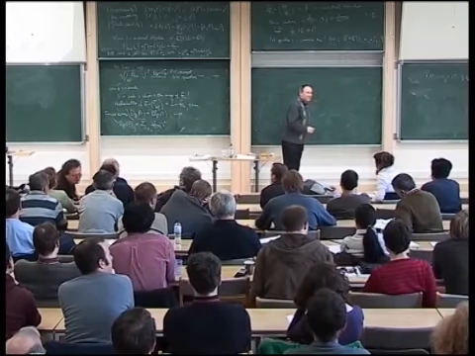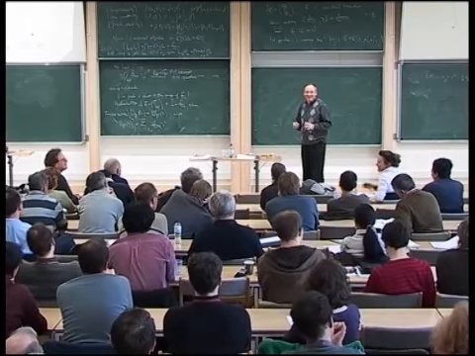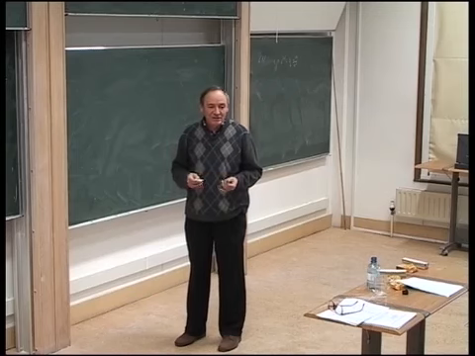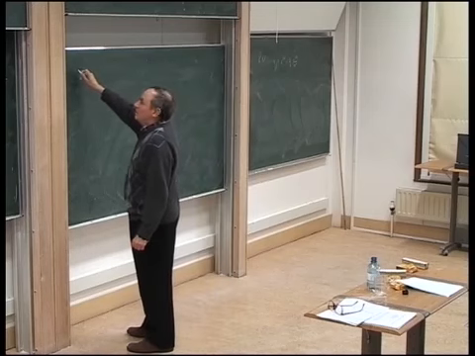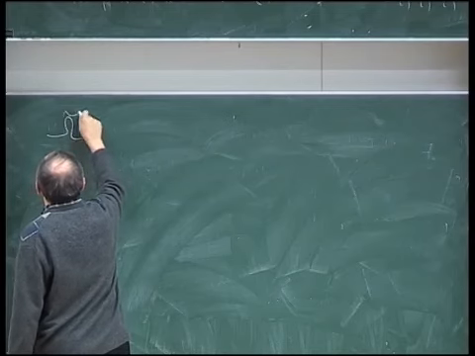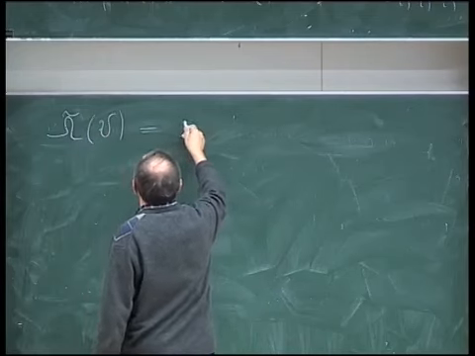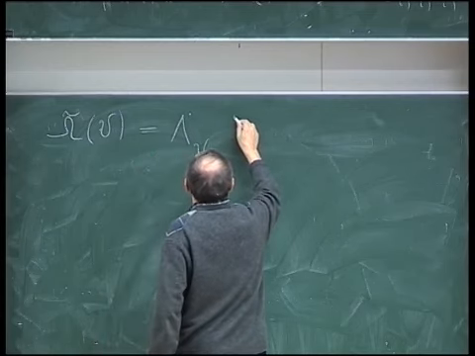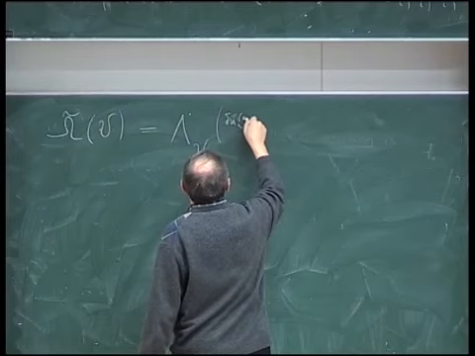Okay, so what is the construction? Actually, I learned it from Gelfand and Dorfman, who don't refer to anybody, and they did it in the early 80s. So what you do, as Pasha rightly guessed, you begin with the de Rham complex, which I will denote by omega tilde of V. And that is just the usual thing: you take the exterior algebra over V of the space of delta u i's.